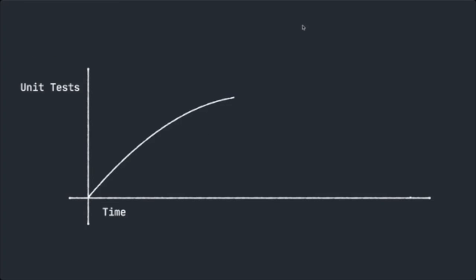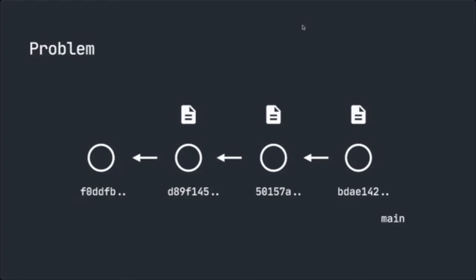As you add more and more unit tests, one of the challenges is that running them all takes a lot of time. How do you run only the unit tests that have been affected as part of a PR? Suppose you were on a branch, and a person worked on updating different files and different commits, and you need to figure out what unit tests were affected.